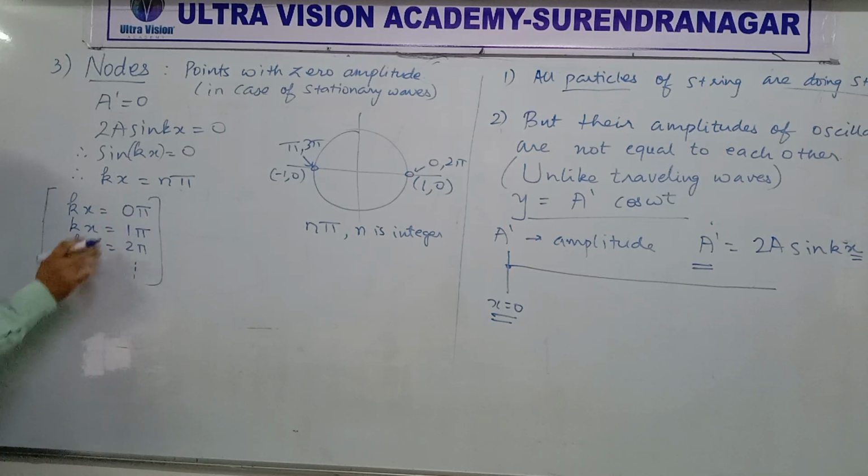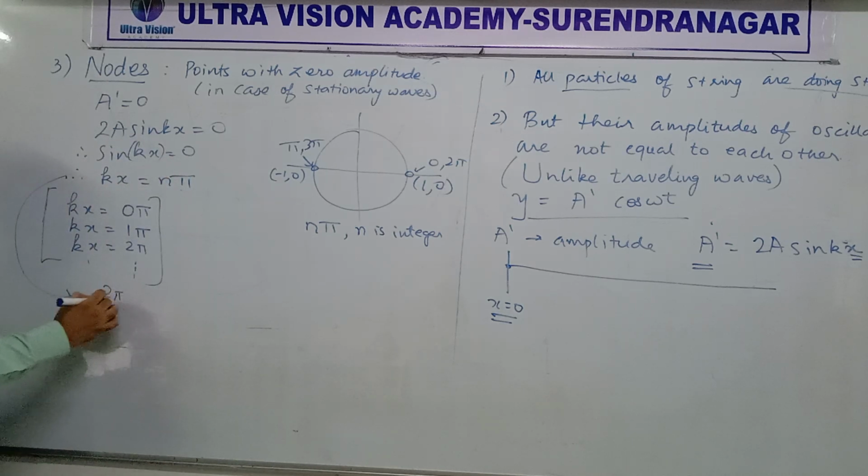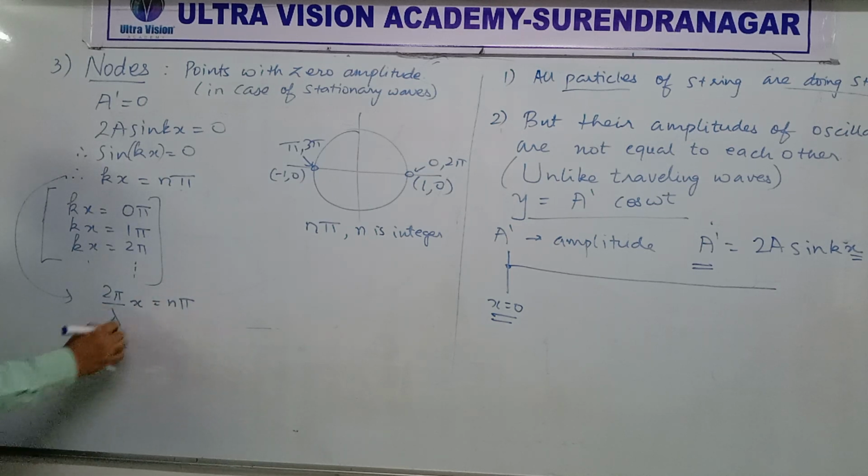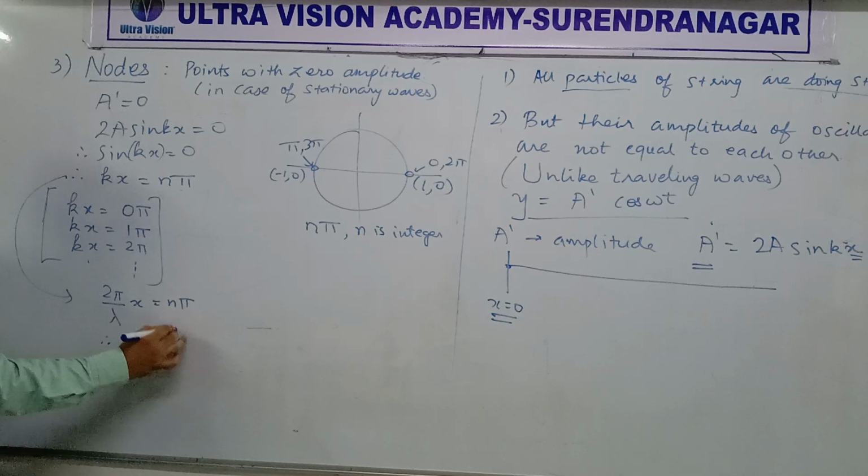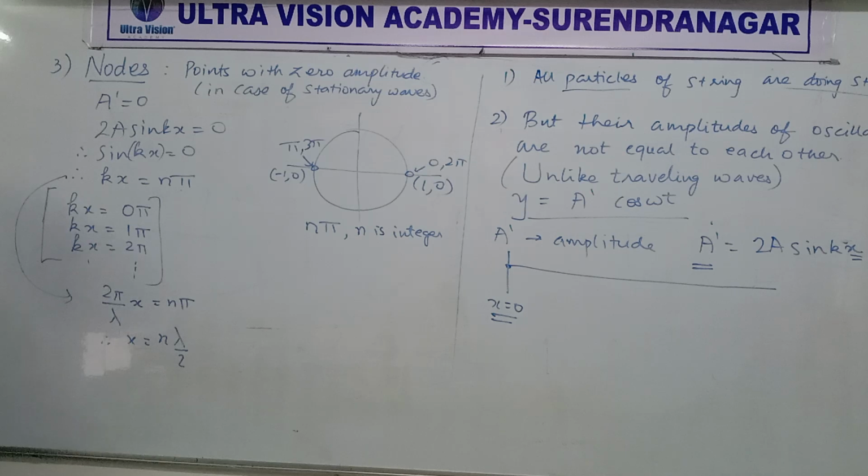So ultimately, if we continue from here, k is 2 pi by lambda, x equal to n pi. Therefore, pi is cancelled and x equal to n lambda by 2. Understood? x equal to n lambda by 2.